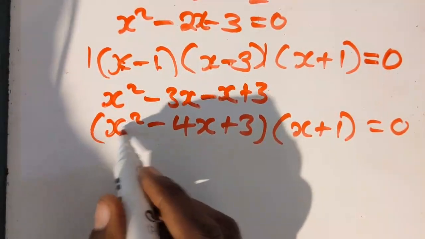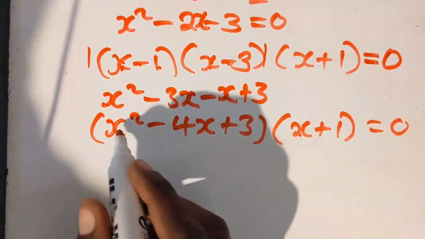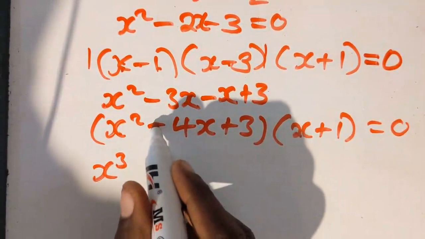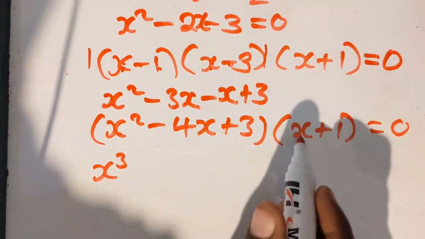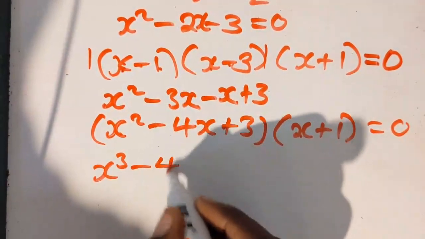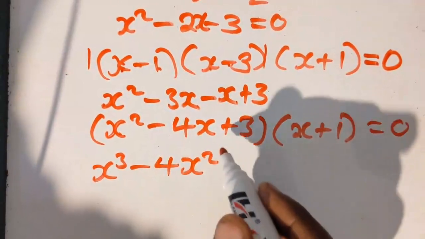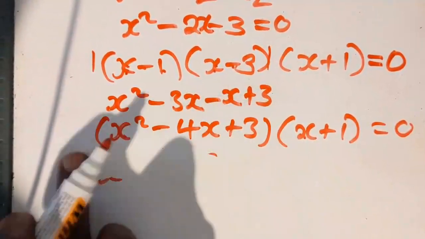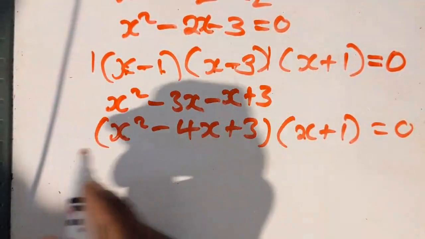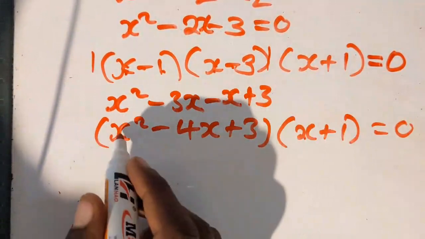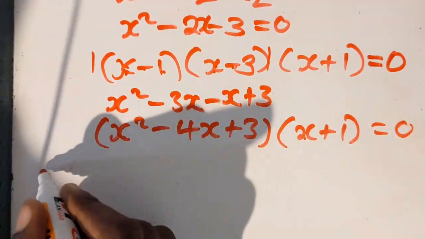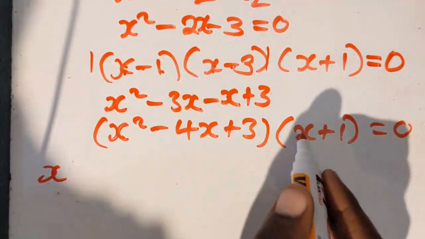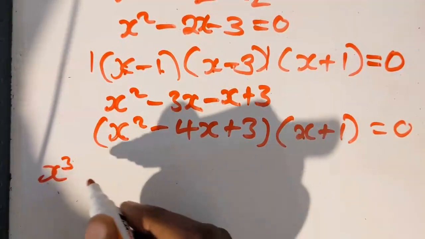So here we are going to say x squared times x is going to give you x to the power 3. I'm sorry, we're supposed to multiply this with everything inside. So x squared multiplied by x gives you x power 3.